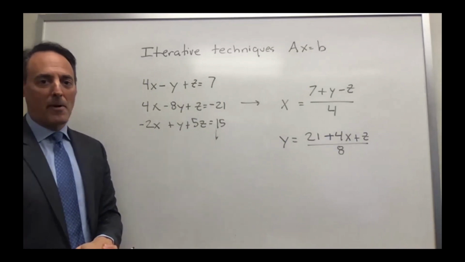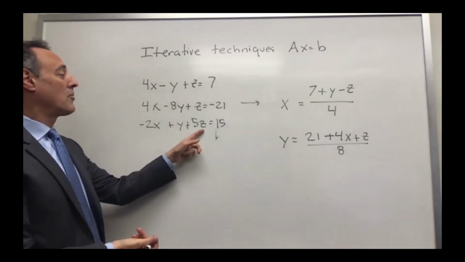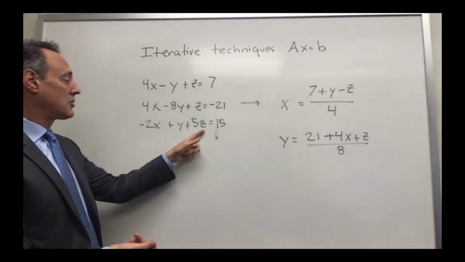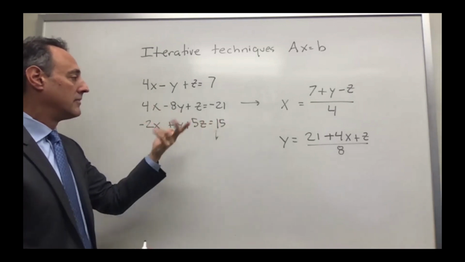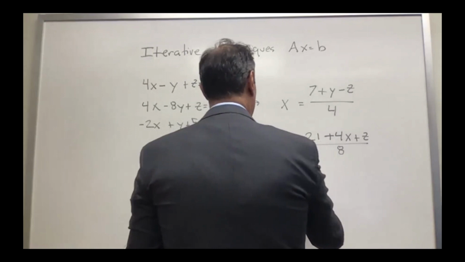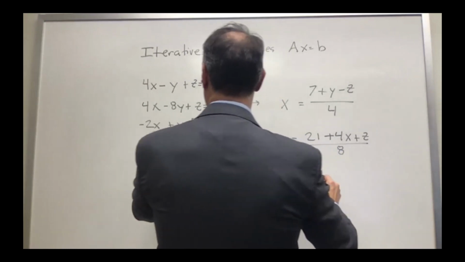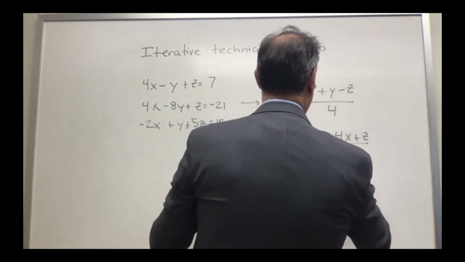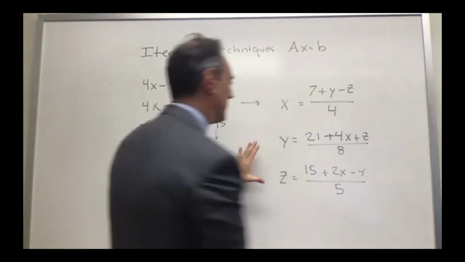I hope you're marveling at my algebraic skills. Hopefully I did it right. Now for the third one, let's solve for z. I'm going to take the 2x over, the y over, and divide by 5. So I'm going to have 15, move the x over here, the y over there, and divide by 5.